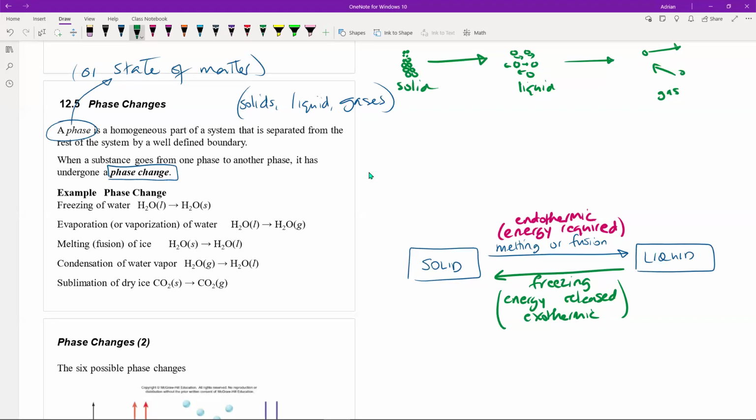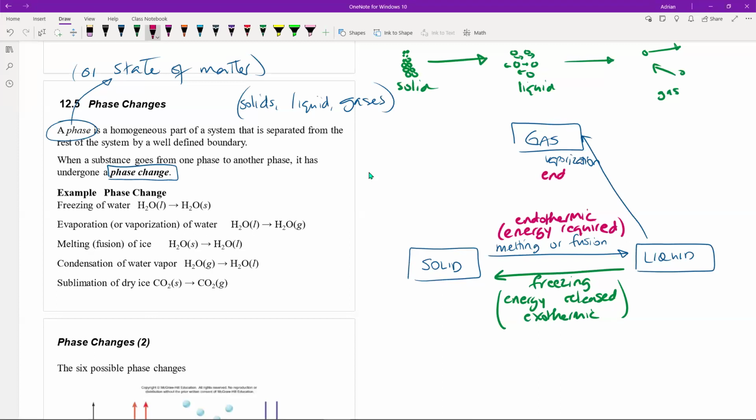Going from a liquid to a gas, right? That process is called vaporization. Right? Again, liquid water to water in the gas phase or gas state. That means the water has vaporized, and obviously we need to provide energy for that to happen.